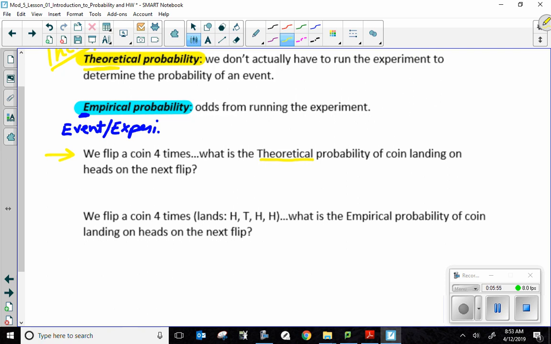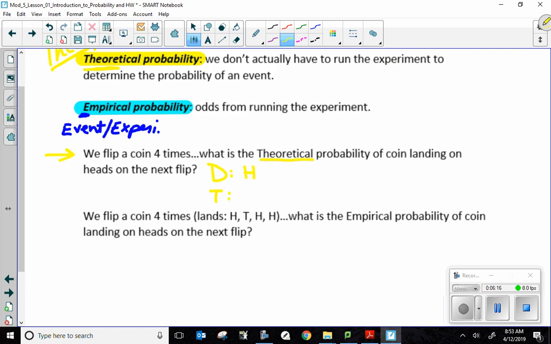We flip a coin 4 times. What is the theoretical probability of a coin landing on heads on the next flip? I don't need to flip a coin 50 times to figure out that anytime I flip a coin, my desired outcome is heads.